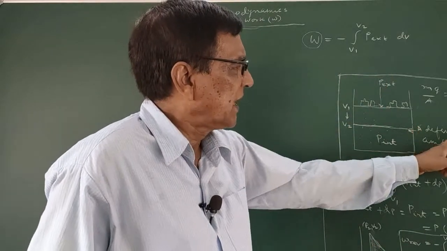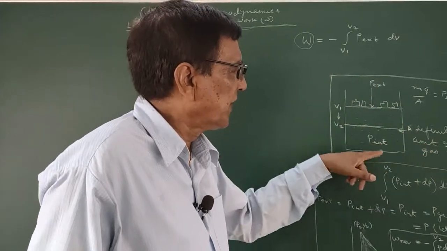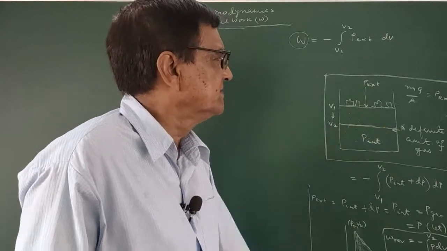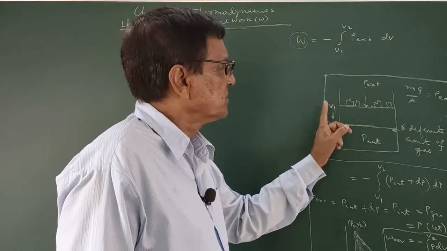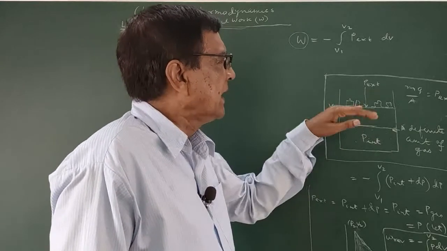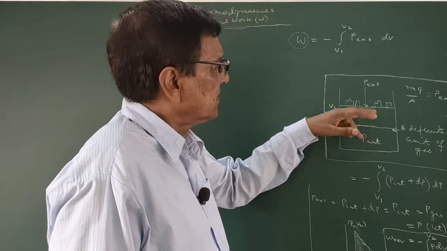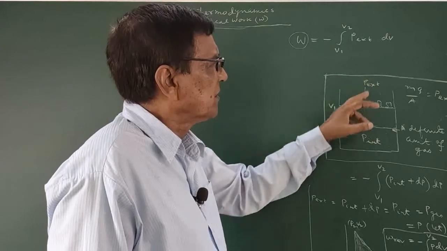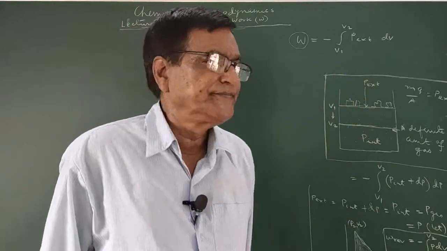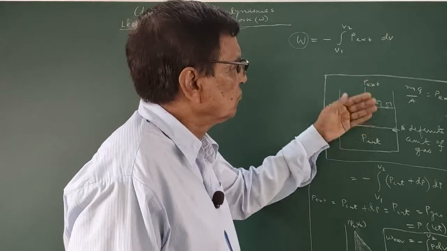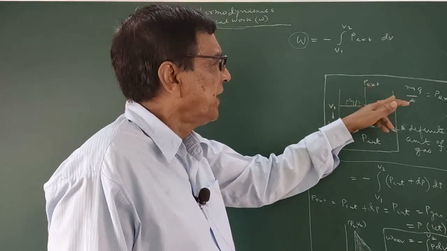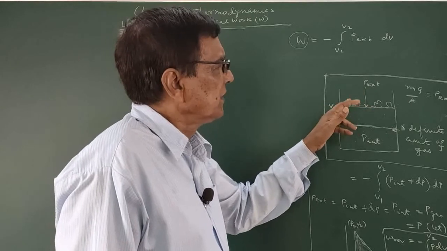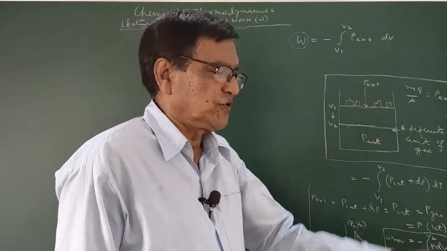Here a definite amount of this gas is contained within this cylinder, and here is the piston, and the starting volume is V1. At the start, external pressure and internal pressure are the same, and now we can increase this external pressure by adding mass on this piston.